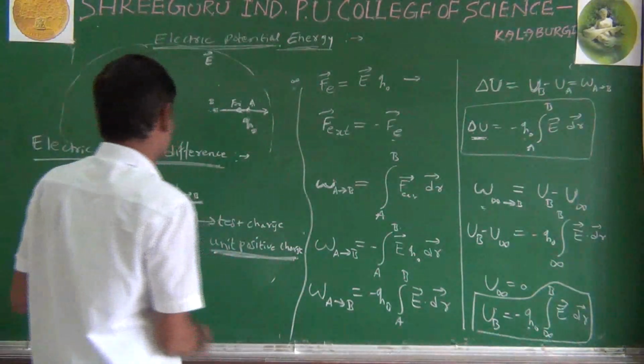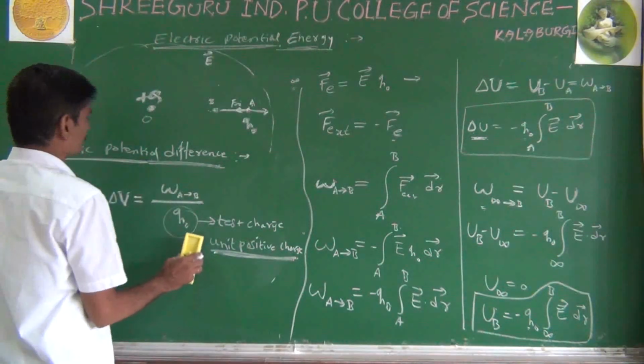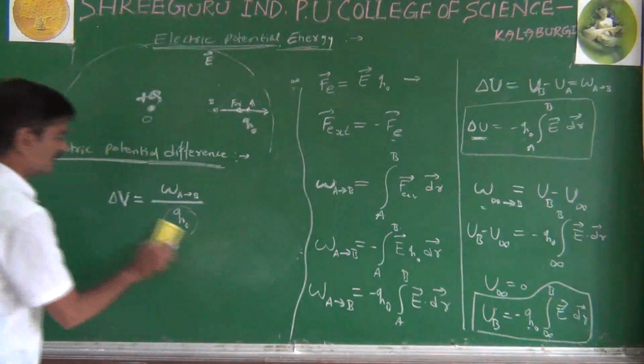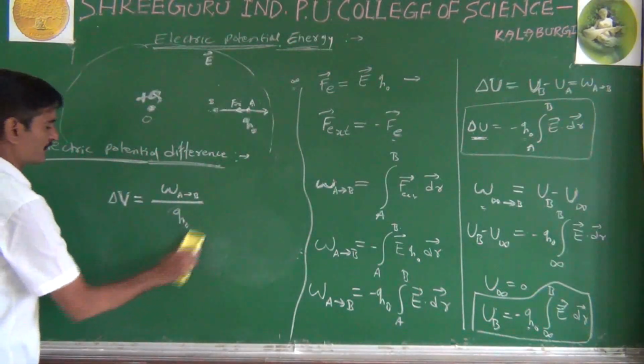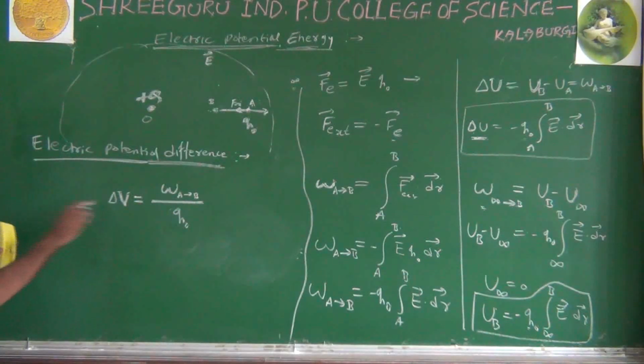So like this also you can define the electric potential difference. That is called potential difference.